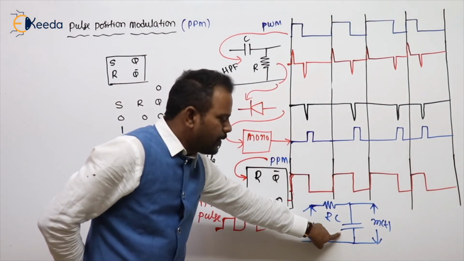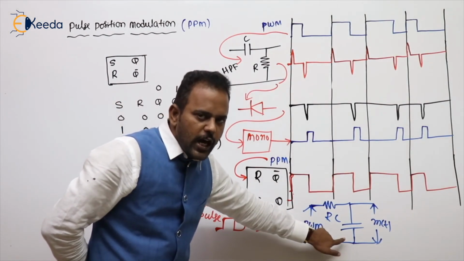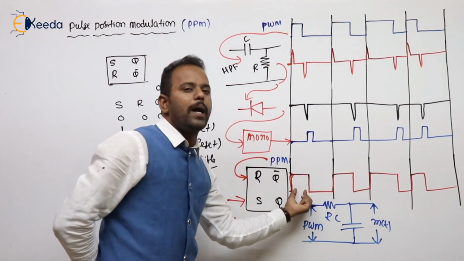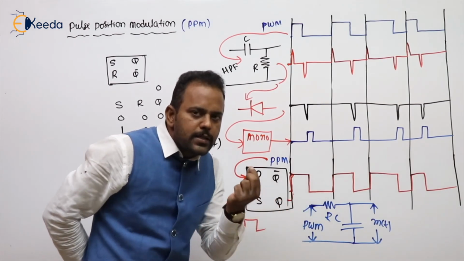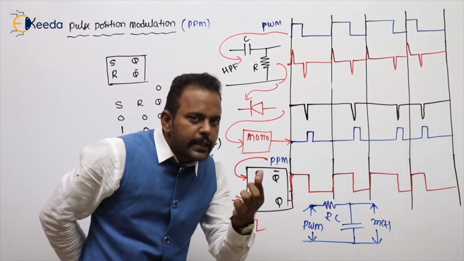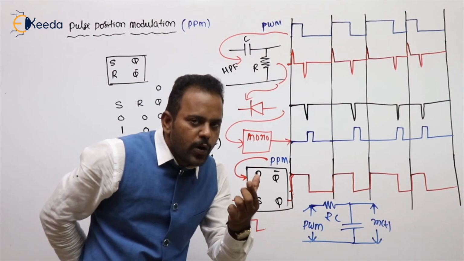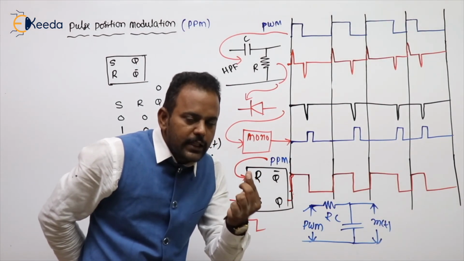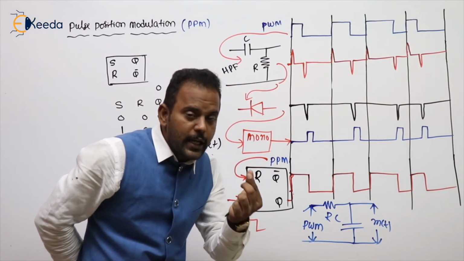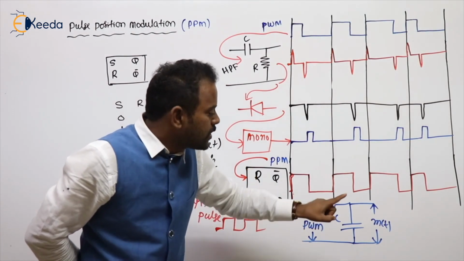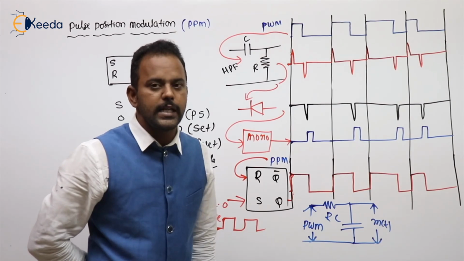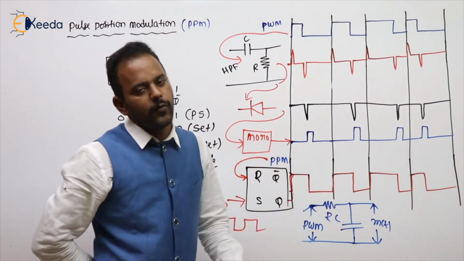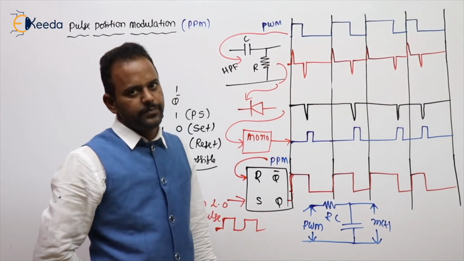The charge on the capacitor depends upon the duration of the pulse. If the pulse is available for more time, the capacitor voltage is also more. If the pulse is available for less time, the charging of the capacitor is also low. So the voltage across the capacitor is directly proportional to the width of the pulses. That is nothing but our message.